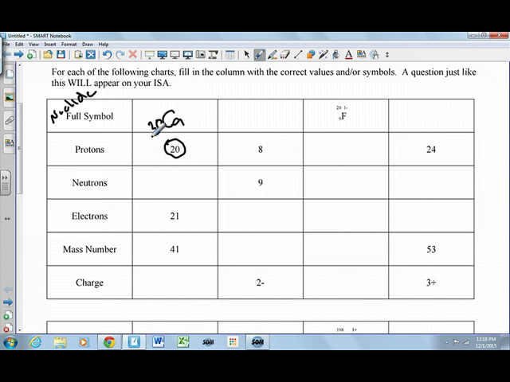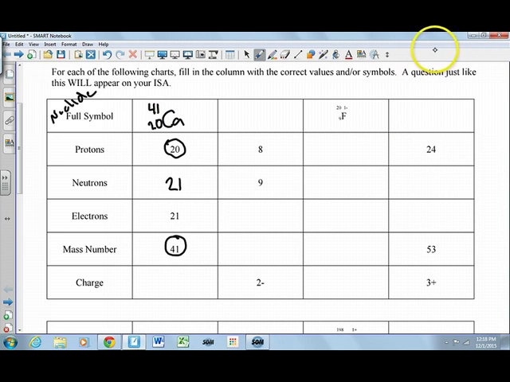We do not need the periodic table anymore once we have the number of protons. We take the mass number, remember that the mass number is the number of protons plus the number of neutrons, and so there must be 21 neutrons, because 20 plus 21 equals 41. And the mass number goes up in this corner.